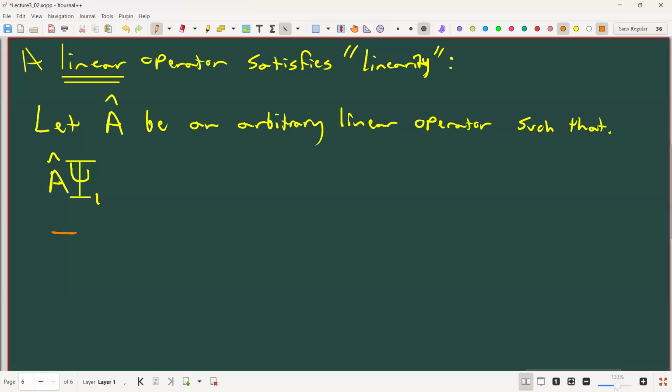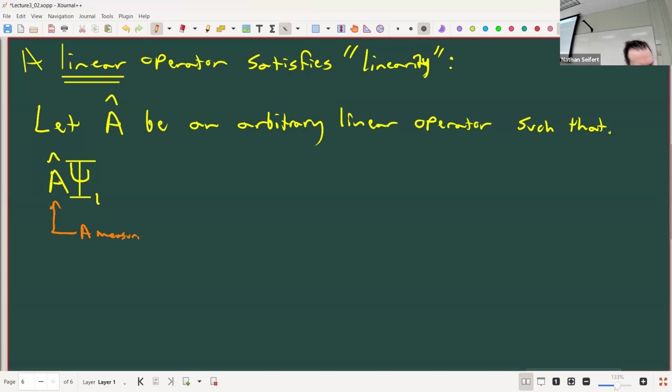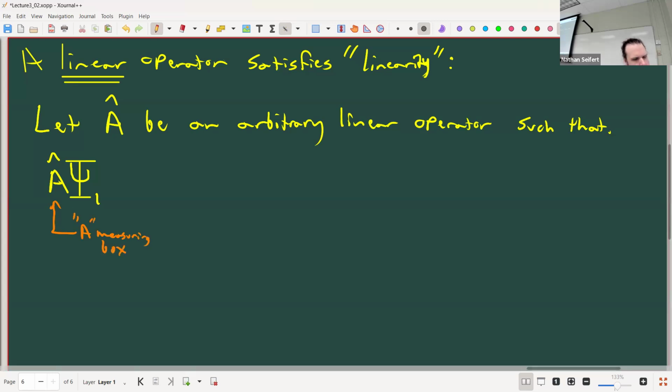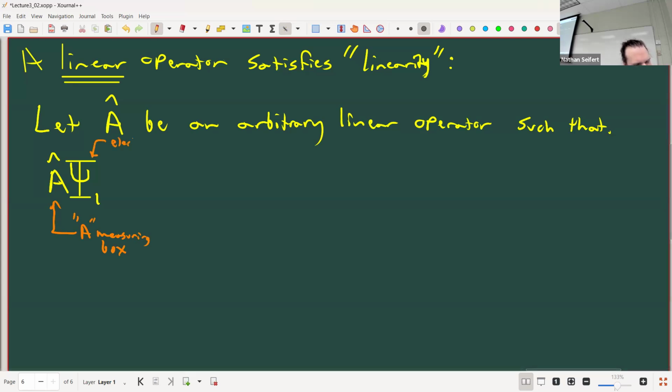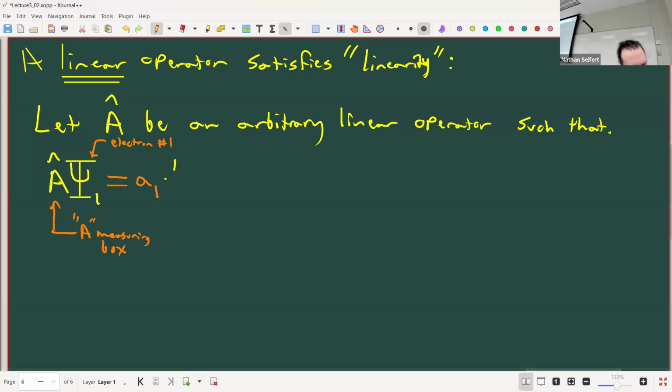So this is our A measuring box. We're measuring property A. And this is electron 1. Okay. And when you apply this, you get a number back, A sub 1, times the original vector, right?